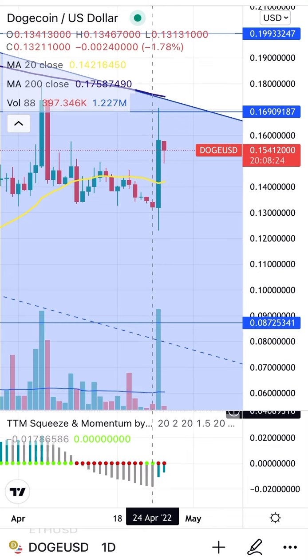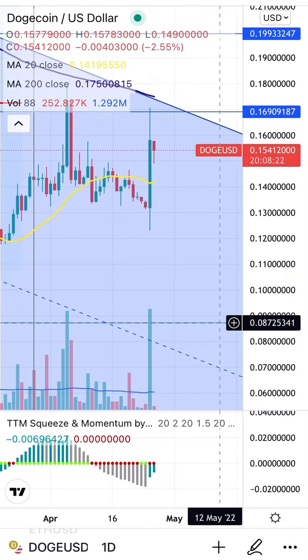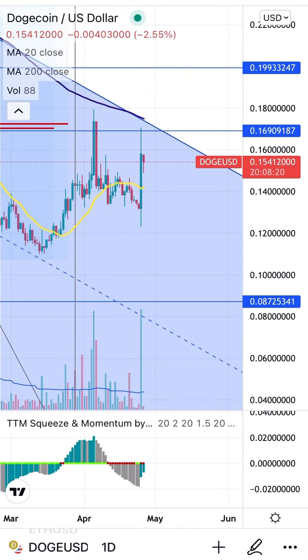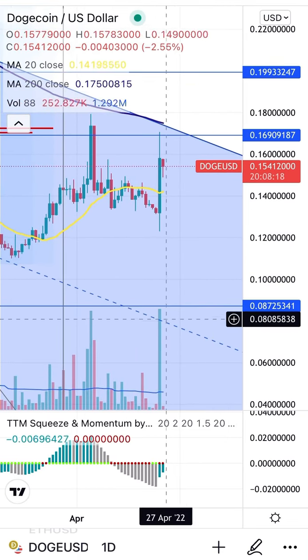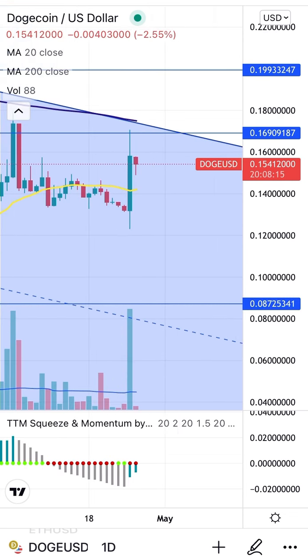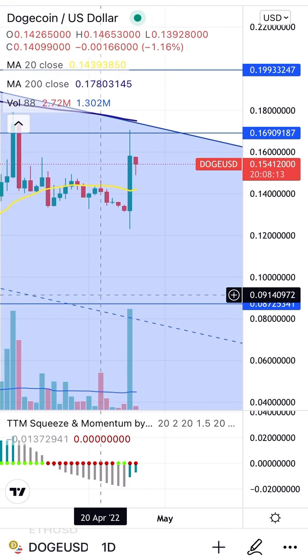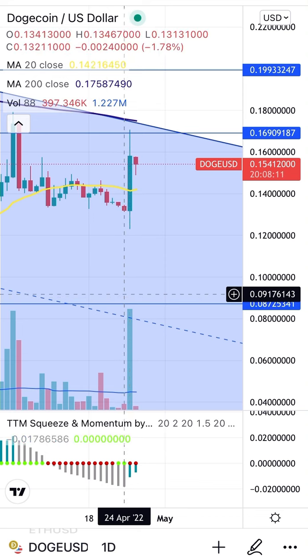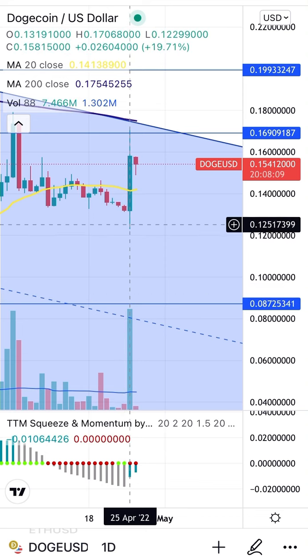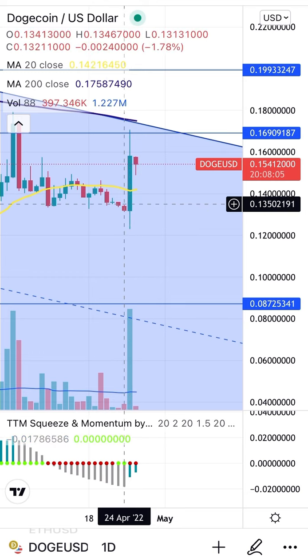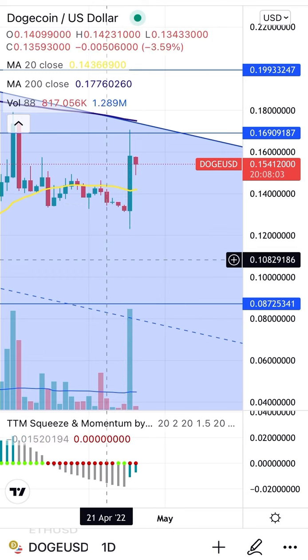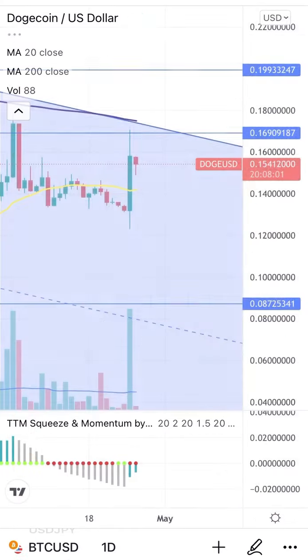So you might have taken a short here, but I'd have to switch out to RSI here. You would notice that momentum was starting to turn more positive. I didn't take this trade, but you would have caught a 19% gain right here on Doge, right? Once that thing came out of that squeeze, okay?